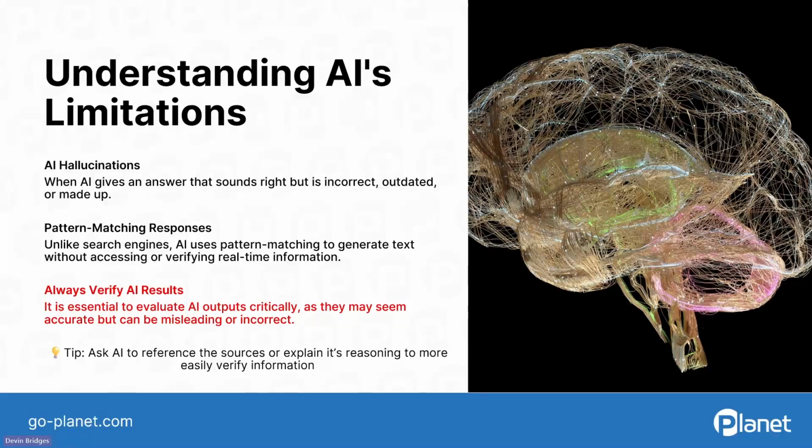And that is where they generate fabricated or incorrect information that's presented as facts. You'll also find that unlike search engines, AI language models do not retrieve verified data, but instead they use pattern matching to generate responses. And then it is important to critically evaluate AI outputs, as they may sound convincing, yet be inaccurate.